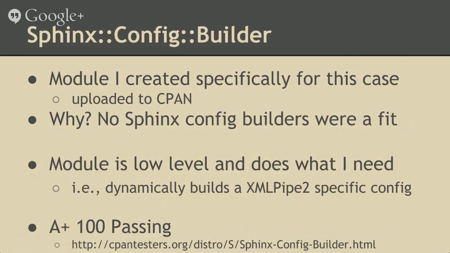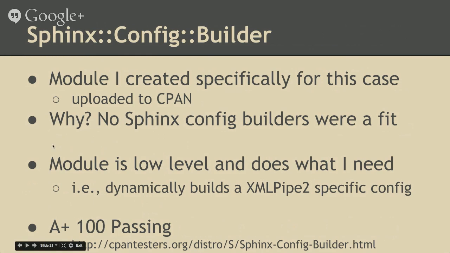All right, so I wrote this module, Sphinx Config Builder, because there wasn't anything that suited my needs at the time. It's pretty low level. It really just builds up each section by pushing the configuration keyword and the value as a hash reference onto an array, and then when it's finished building each of those sections, it outputs the source section or the indexer section.